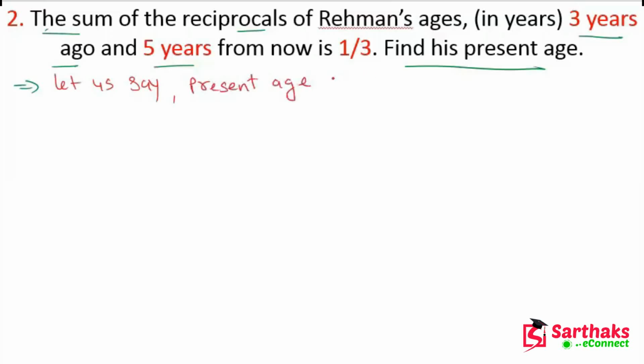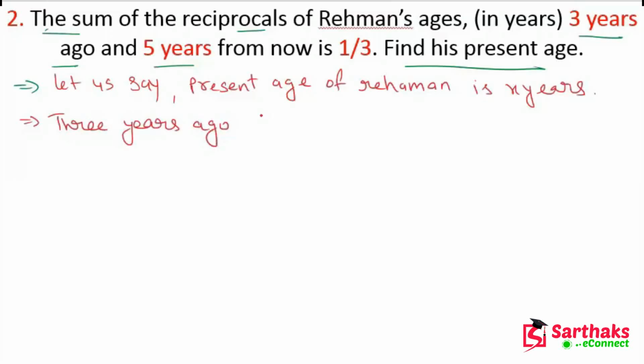So let us say the present age of Rahman is x years. And 3 years ago, Rahman's age was x minus 3 years.